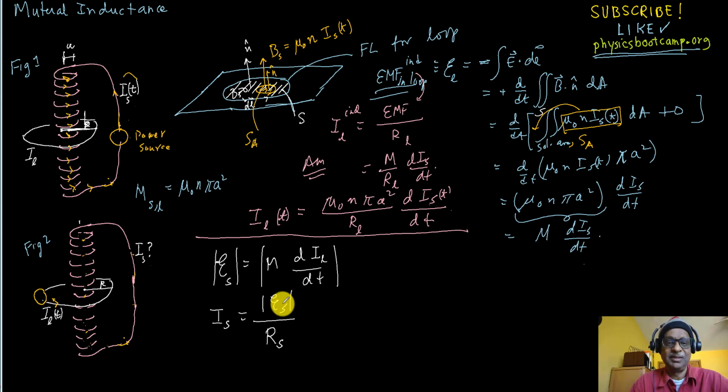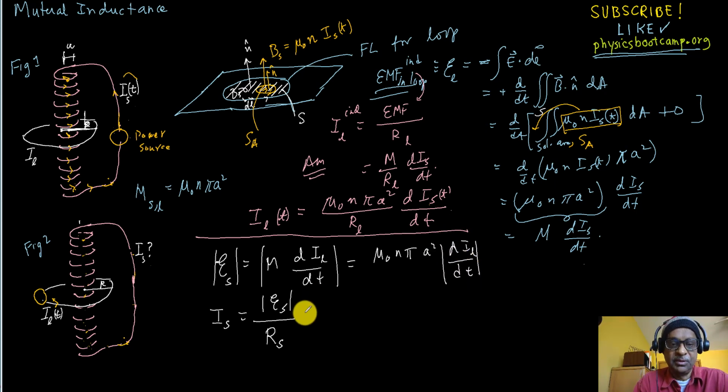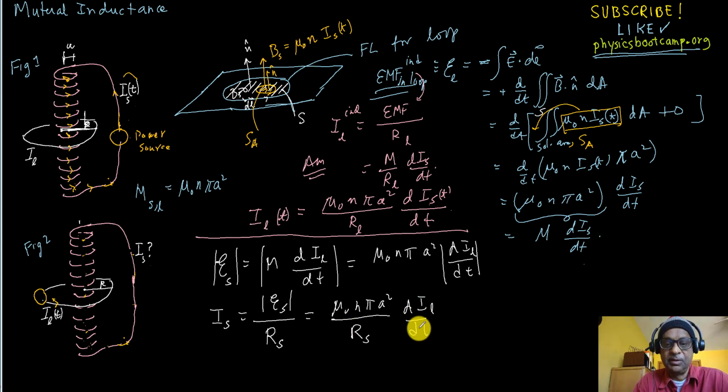So if you work it out, it's going to be mu naught n pi a squared over R_S times dI_L/dt. It's a completely symmetric kind of formula.